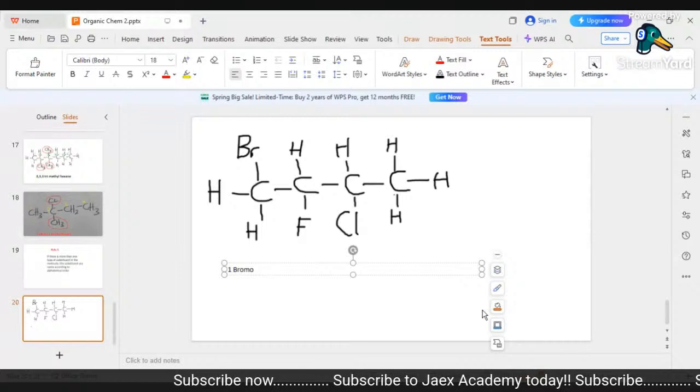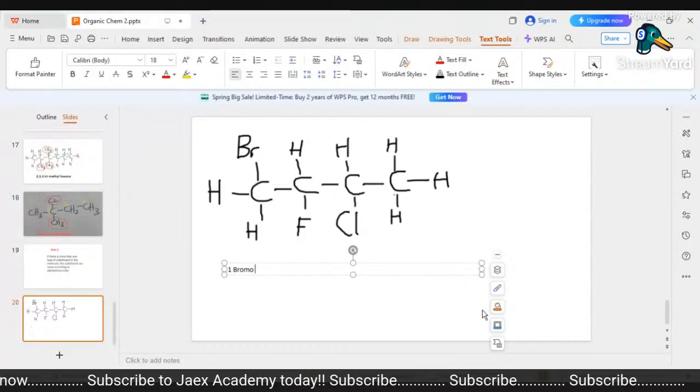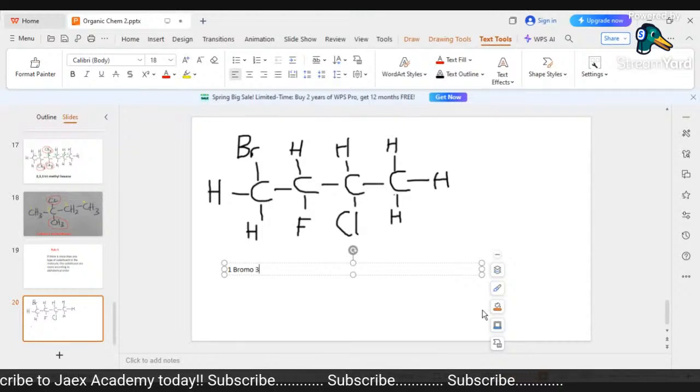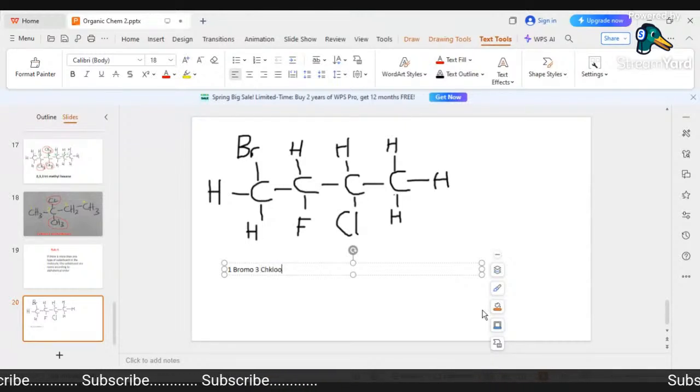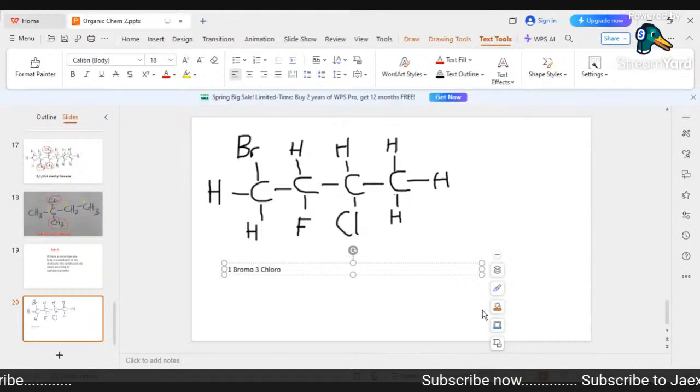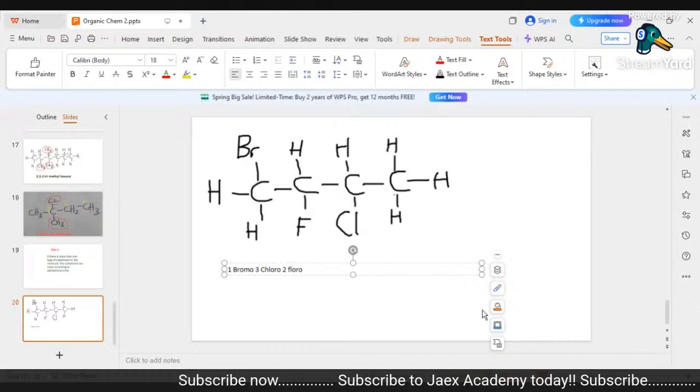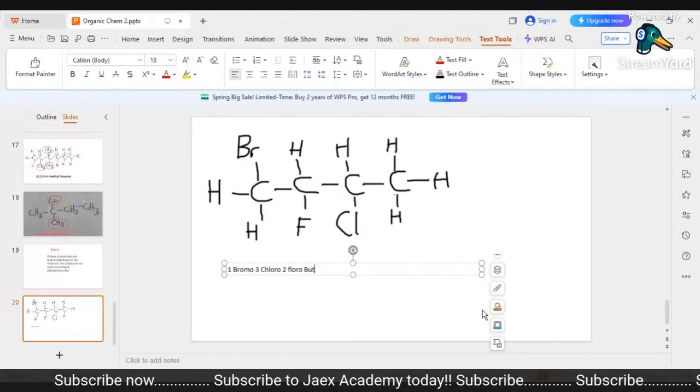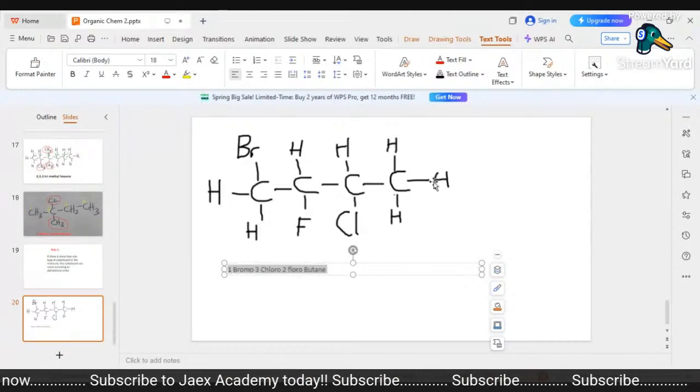So this is 1 bromo, 3 chloro, 2 fluoro, butane.